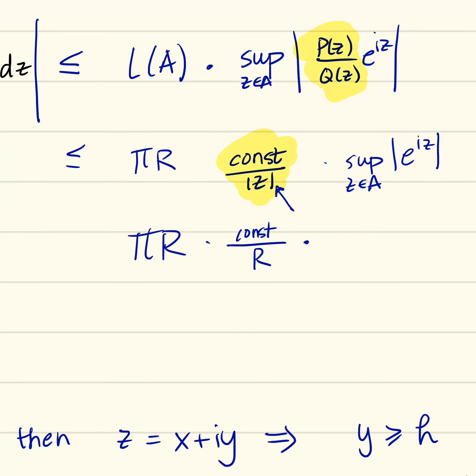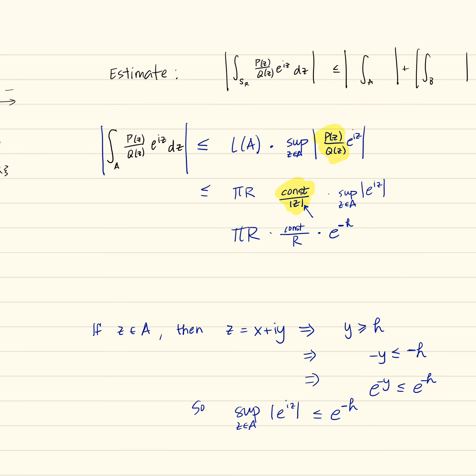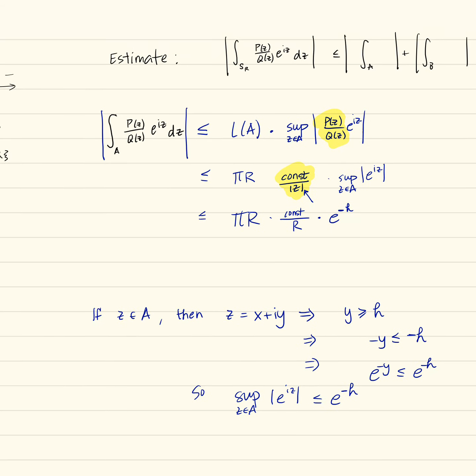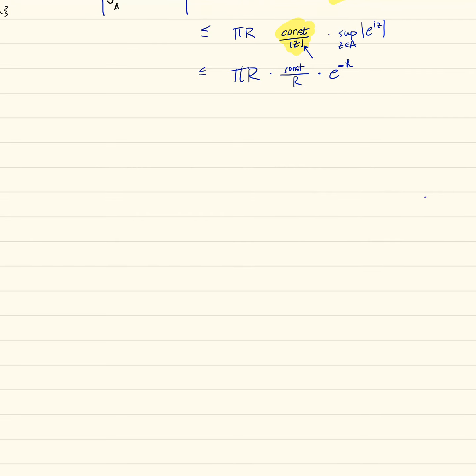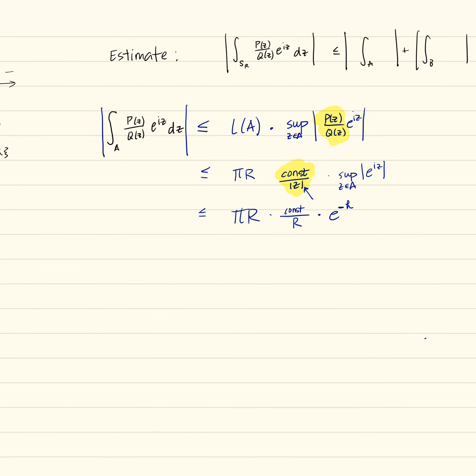And now we've got over here e^(-h). Let me erase this. So if we multiply this all together, the constant times pi is another constant.